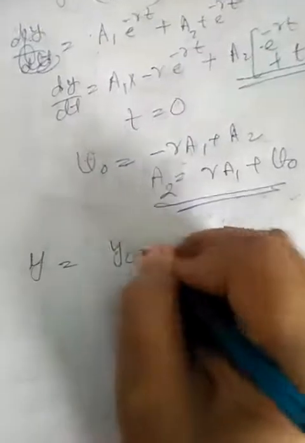When you add both these values, y will become equal to (y naught plus (gamma a1 plus v naught) t) into e raised to minus gamma t. Again this is an exponential term, a non-oscillating term. So at critical damping again it is non-oscillating. So these are the three different conditions in which the damped oscillator works.